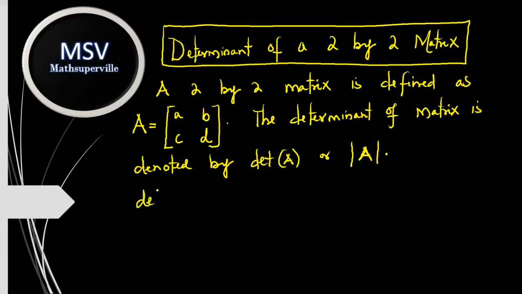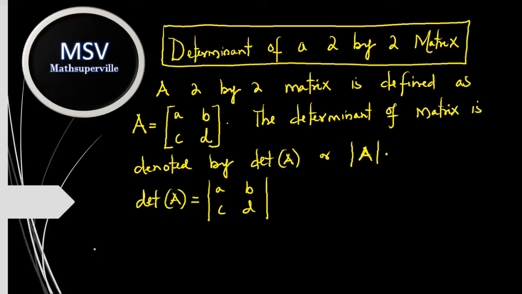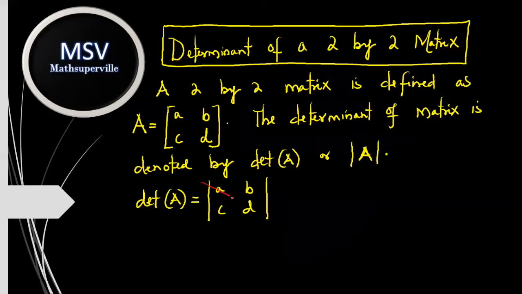The determinant of A is found by multiplying. So you start by drawing the two vertical bars and then multiplying the elements on the leading diagonal, and subtract out the product of the elements on the other diagonal.